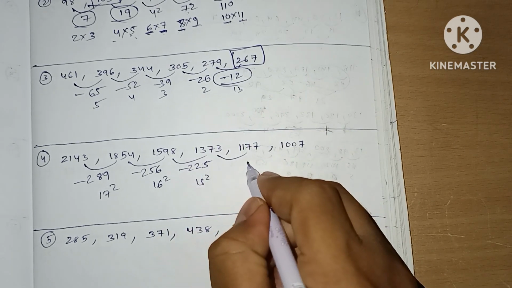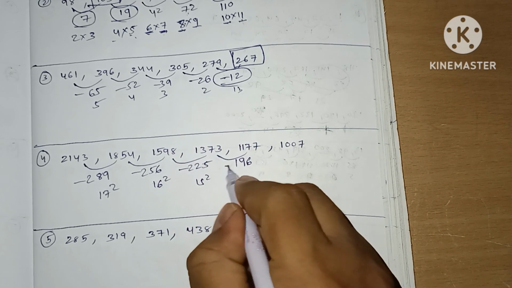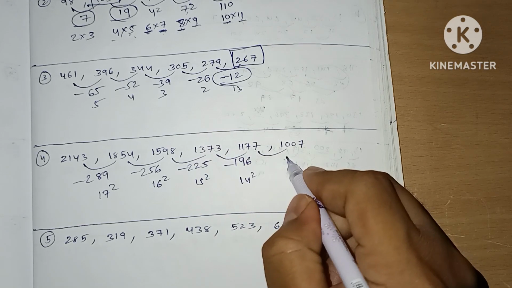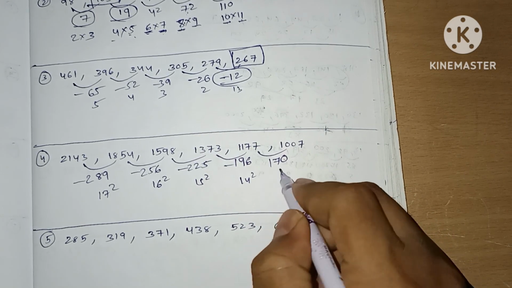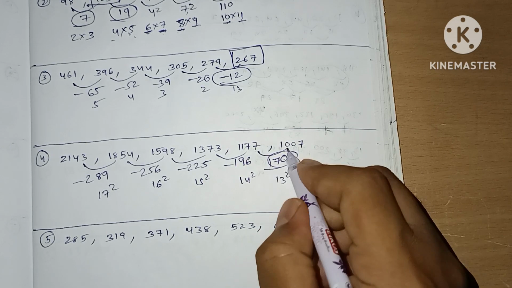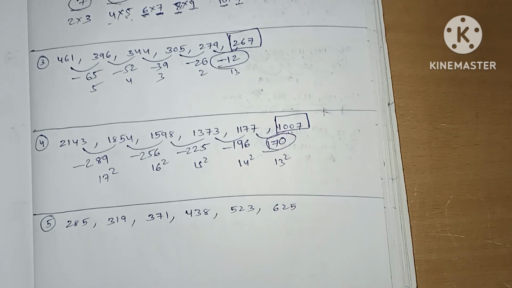Here the difference is 6 9 1. This is 14 square. Let's see the last one. Here the difference is 0 7 and 1. So this is our wrong number because here the place is for 13 square, which is 169. So our wrong number is 1007. Next question.